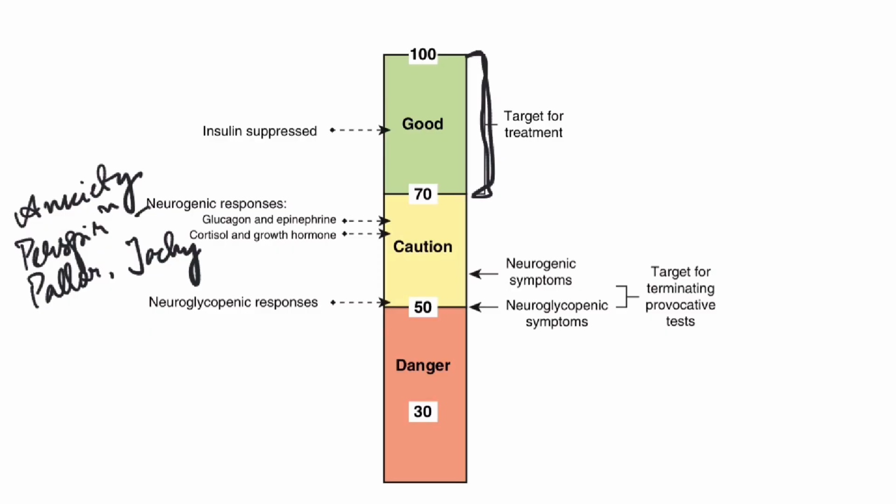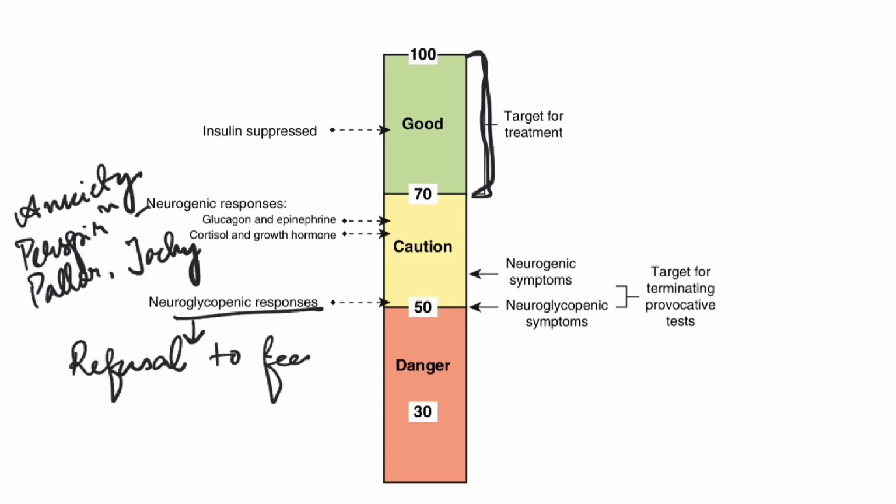After that, below 50 we have neuroglycopenic responses. This includes headache, mental confusion, visual disturbances, inability to concentrate, amnesia, refusal to feed, seizures, coma.